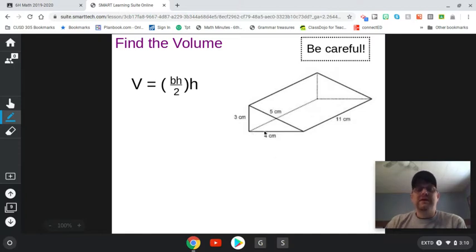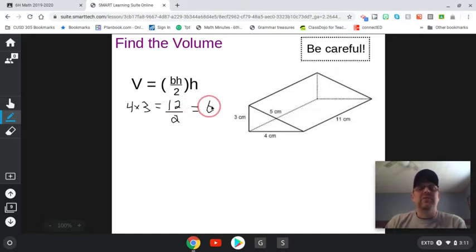We're going to use the base, which is 4, and then you're going to take it times the height, which is 3, which is 12. And we're going to take that divided by 2.